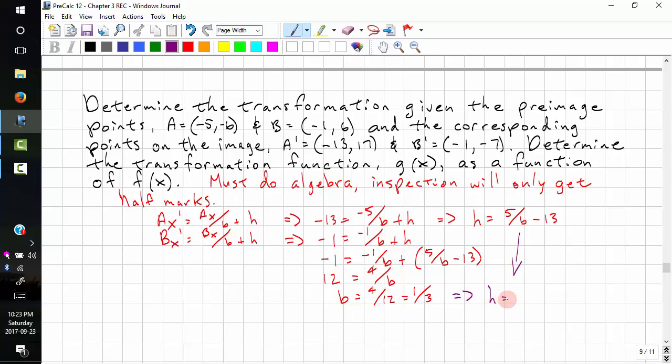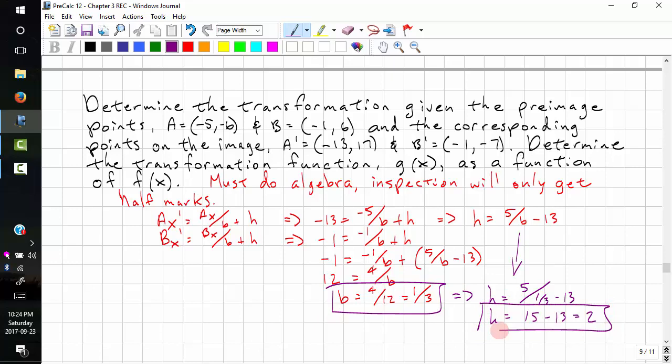So h equals 5 over 1/3 minus 13. 5 divided by 1/3 is 5 times 3 because we multiply by the reciprocal. That's 15 minus 13, and we get 2. So now we have B and H.